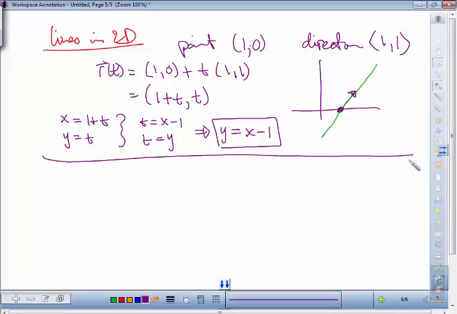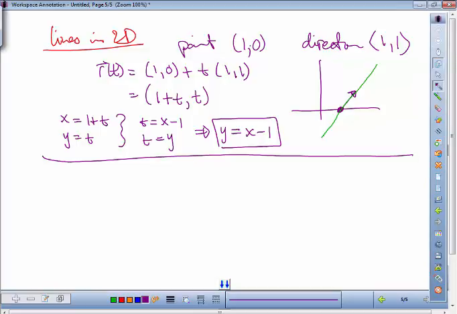It turns out that in 3 dimensions, we have a third variable involved. And so with that third variable involved, if you want to find the equation of a line, you have to have an equation that has 3 parts to it. Okay? So here's what's going to happen.